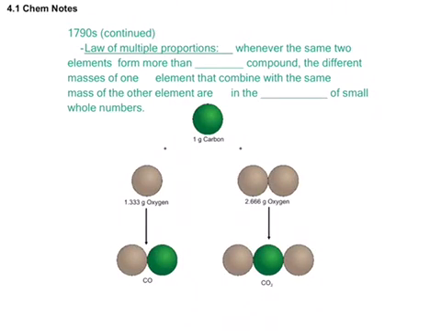So, sticking with the 1790s, we also get this law of multiple proportions. And this states that whenever the same 2 elements form more than one compound, the different masses of one element that combine with the same mass of the other element are in the ratio of small whole numbers.